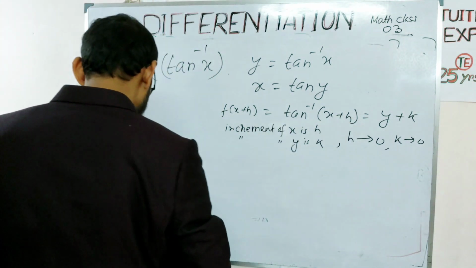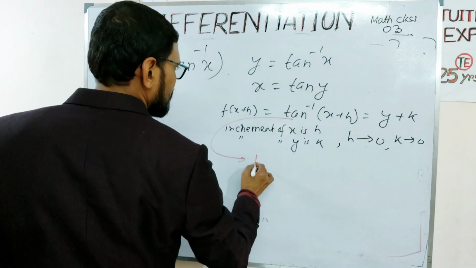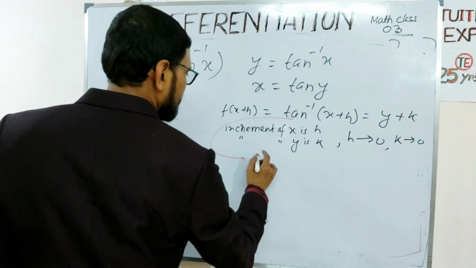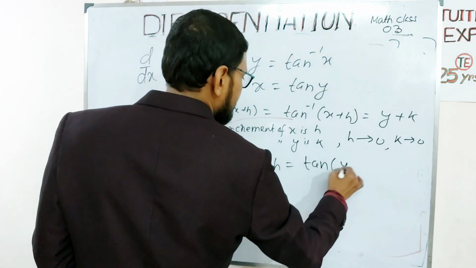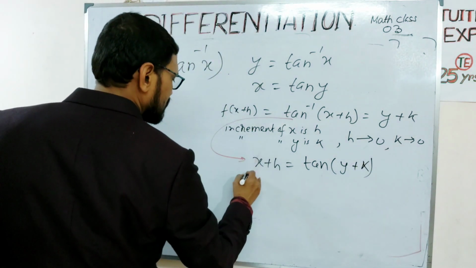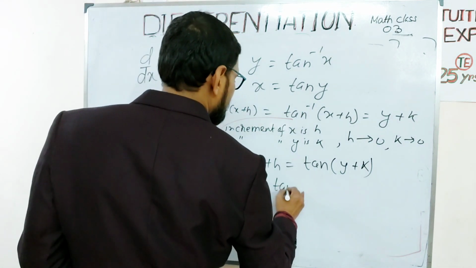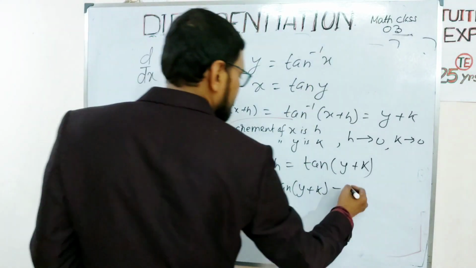So from this we get x plus h becomes tan of y plus k. So h equal to tan of y plus k minus x, that is tan y.